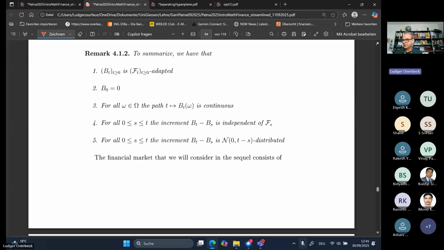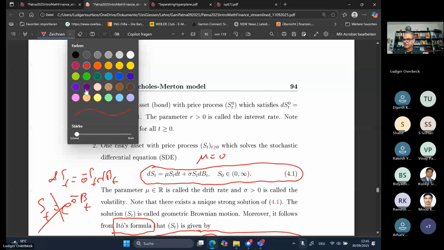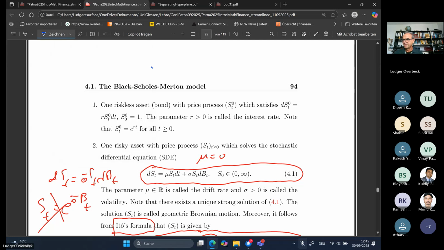This comes from this assumption. You can take your favorite dS_t. It can even be a function, call it m(S_t) dt. Best is always to have it positive, proportional.